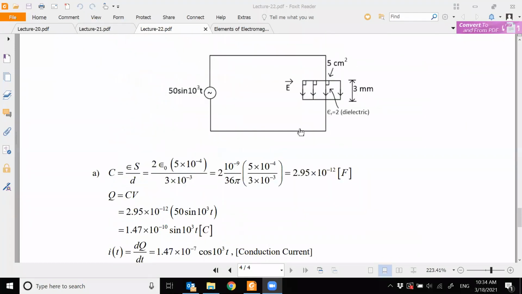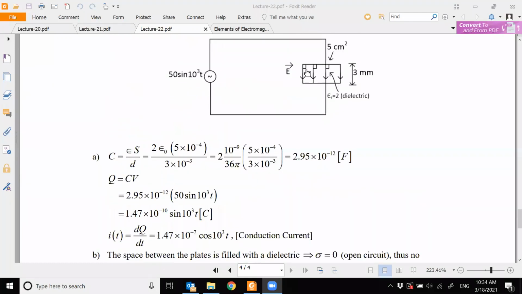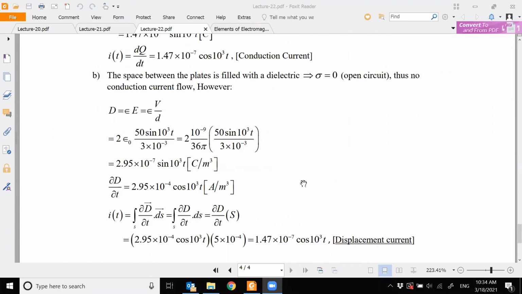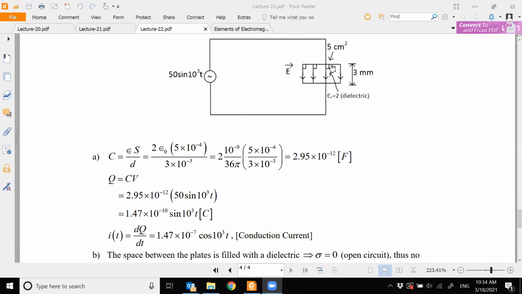To find the current, we need to integrate over the surface. And what is the surface? The surface is nothing but my plate surface. See, the plates are like this, and the electric flux density is existing in this region.